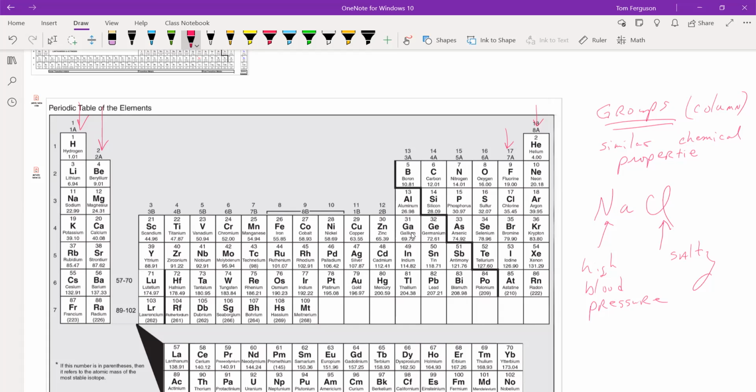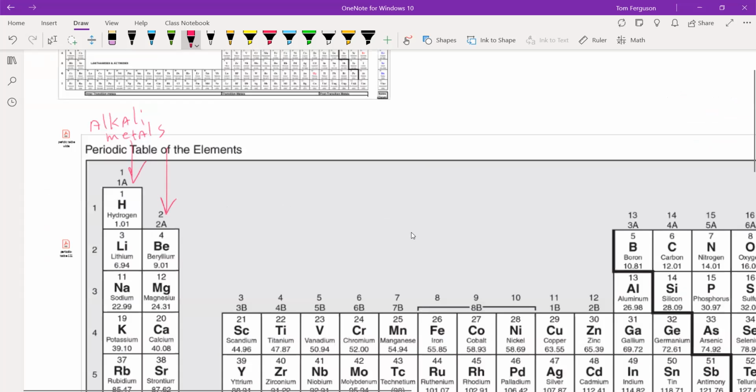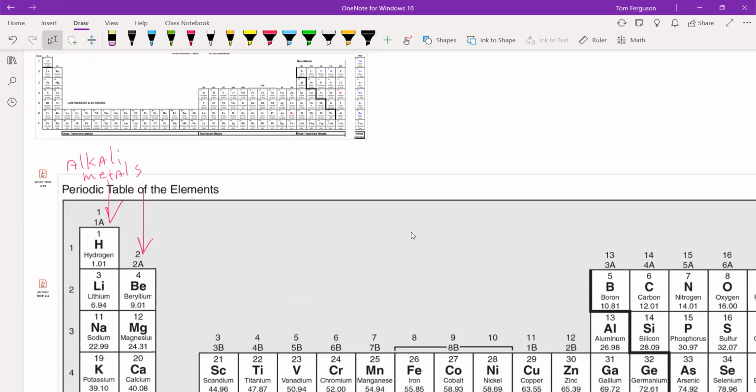Okay, so the first one is alkali metals. Second one is called alkali earth metals.